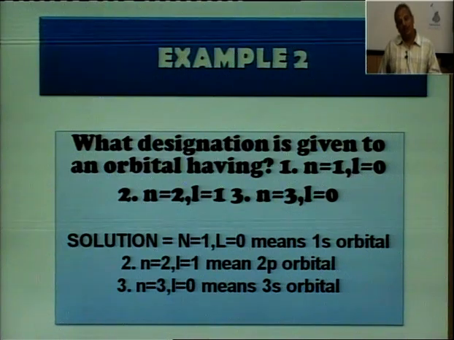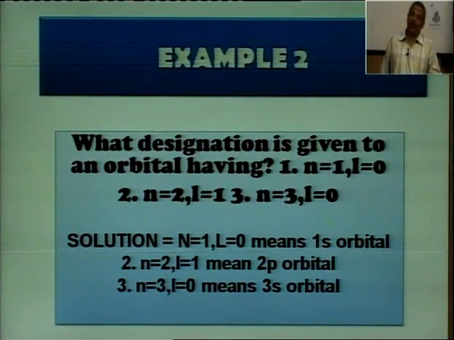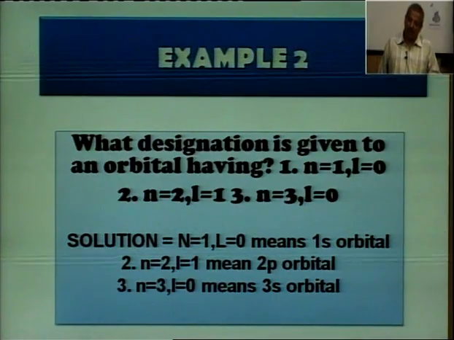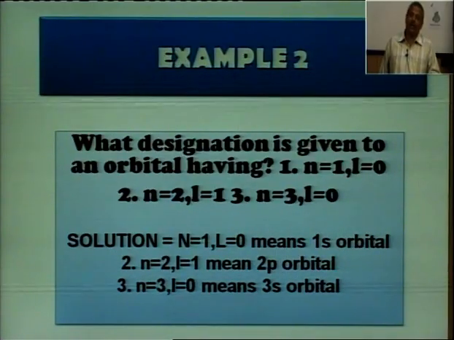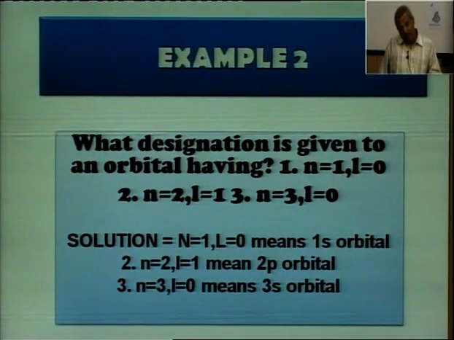If L is equal to 2, then the electron is revolving in the 3d orbital. L cannot be 3 or more than 2, because it is not permissible. Again, the azimuthal quantum number cannot go beyond the n minus 1 value.